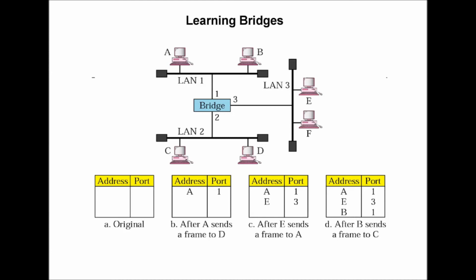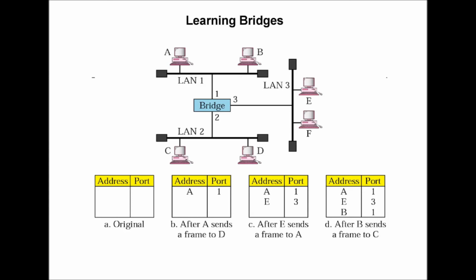Learning process of bridges. In this slide you can see different local area networks again, LAN 1, LAN 2 and LAN 3. These three local area networks are being connected with the help of a bridge. Whenever the bridge is powered on, the MAC addresses of all the connected devices are not saved the first time.